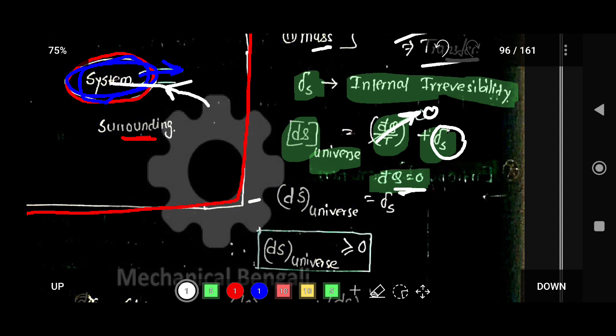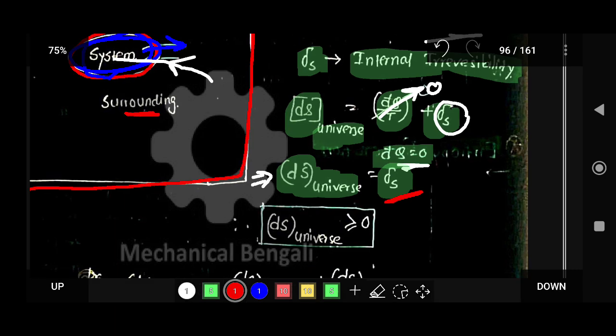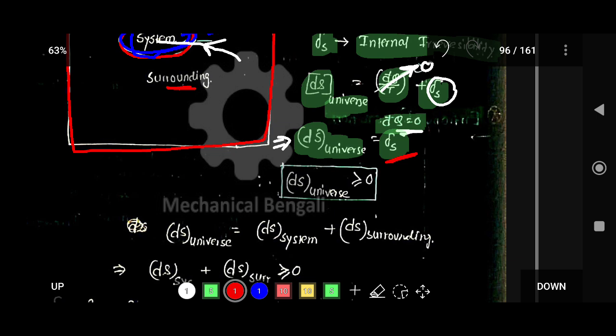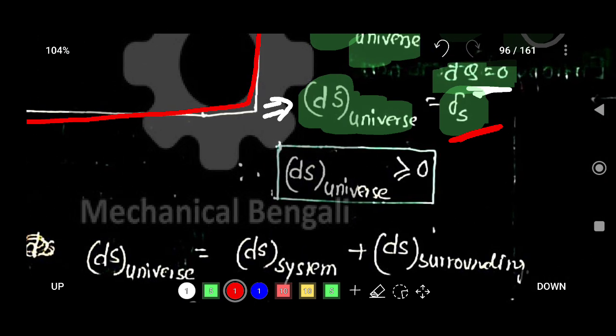From this equation you can say that dS universe is equal to the entropy generation, and entropy generation is positive. So from here you can say that dS universe is greater than or equal to 0.